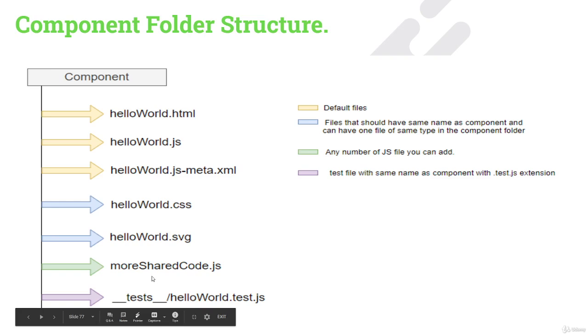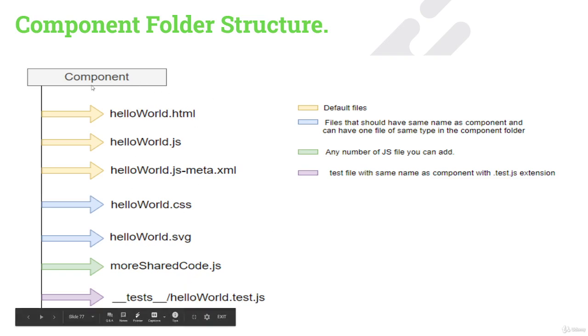Apart from that, you will see another folder under your main component. When you learn testing, there will be a folder called __tests__, and under that you will create a file with the same name as the folder or the component, with the extension .test.js. That will help you run your test cases for this particular component.